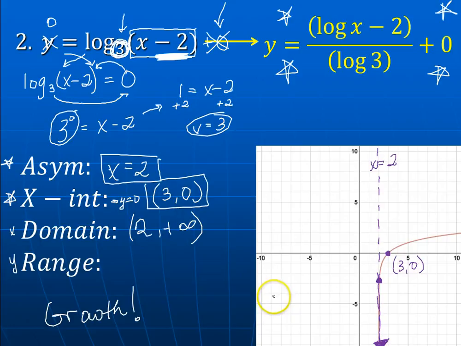So 2 to positive infinity. My range, again, being smarter than your calculator, it does not stop right here. This actually keeps going down. So negative infinity, and this one's going to slowly keep going up to positive infinity. So very similar to what we did the other day with exponential growth and decay, but now we're dealing with logs. So remember, since powers and logs are inverses, everything is flip-flopped.